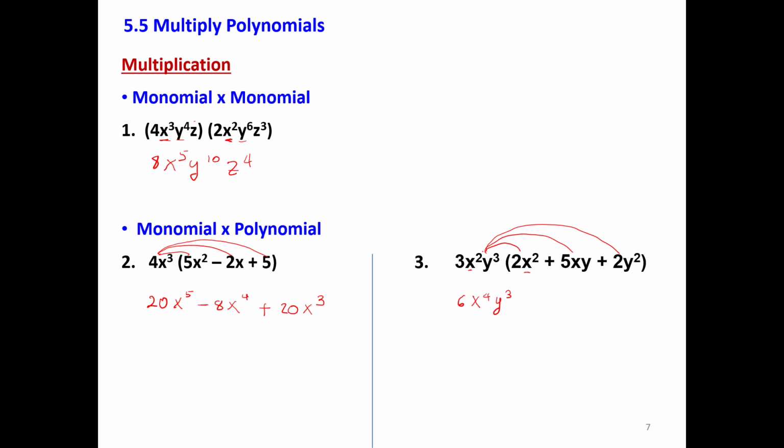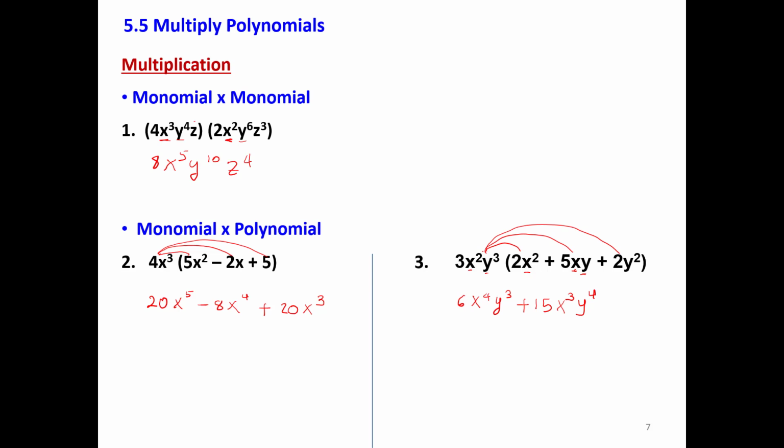Positive times positive is positive. 3 times 5 is 15. We have x here, x is the base. 2 plus 1 is 3. y, and y here. Base is y. 3 plus 1 is 4. Now we multiply the last term.